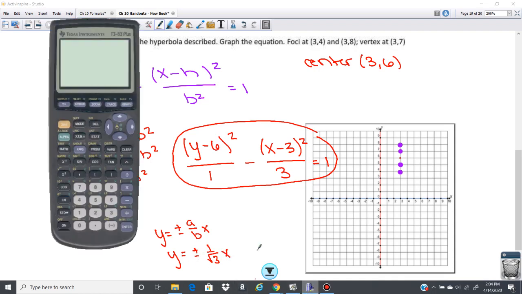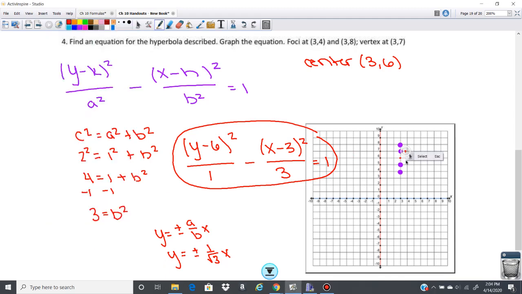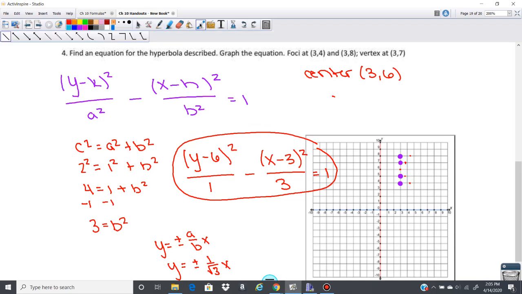So when I'm doing this, it's going to be up 1 and over about 1.7. If I go up 1 and over 1.7, maybe right there for my line, and down 1 over 1.7, maybe there.